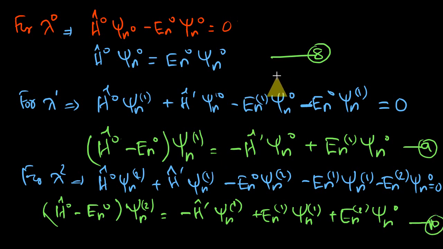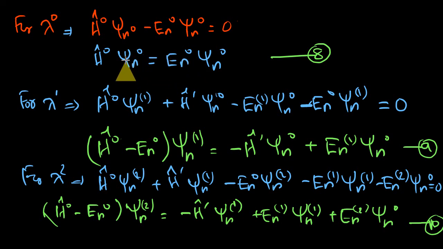So you can see that equation number 8 is the Schrodinger wave equation for the unperturbed system. By solving this equation, you get the wave function and the energy for the unperturbed system.